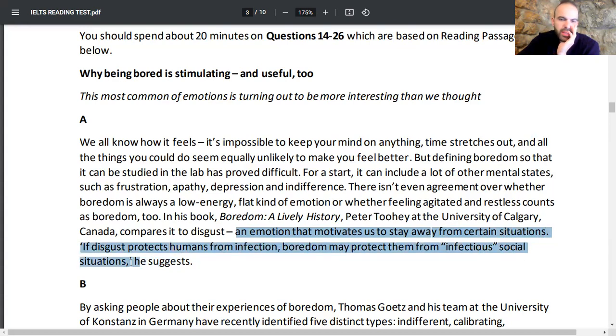So if disgust protects humans from infection, boredom may protect them from infectious social situations, he suggests. So his idea is that boredom may actually protect us from bad situations or experiences. So what does that mean then? As you can see, the words stay away here were written in one of the ideas as avoid, by the way.